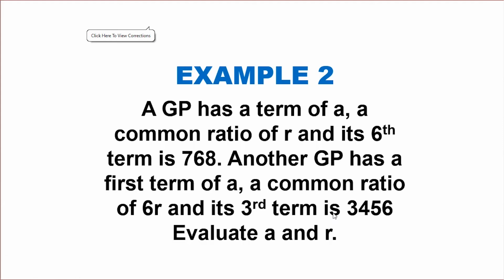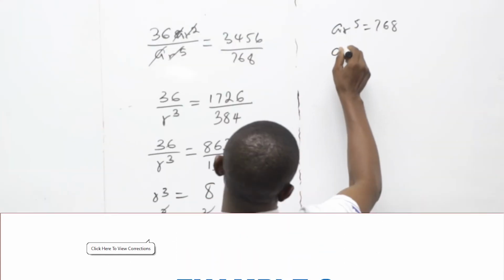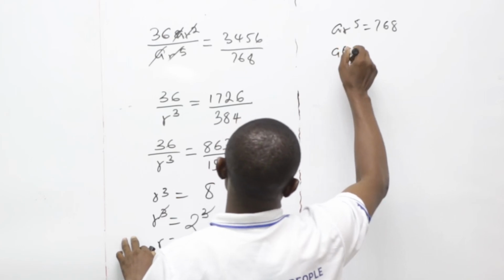We have R now. Let us look for A. If we are looking for A, our first GP was the system AR5 equals 768, okay? Now we have R, which is 2.